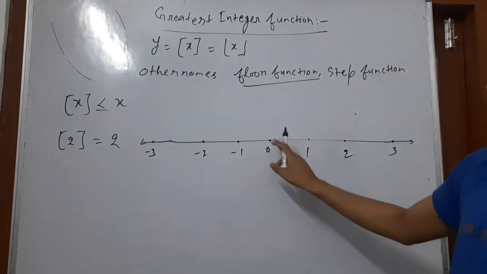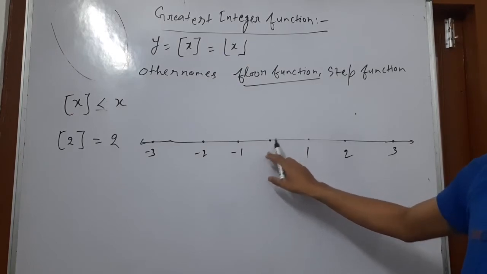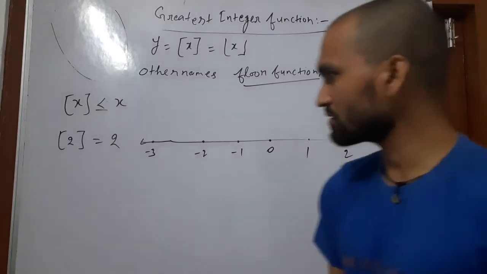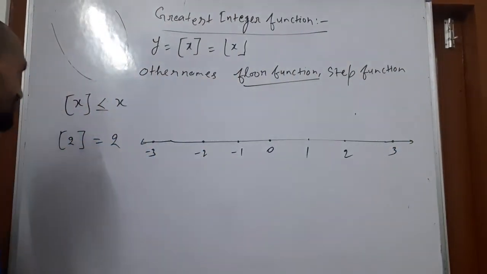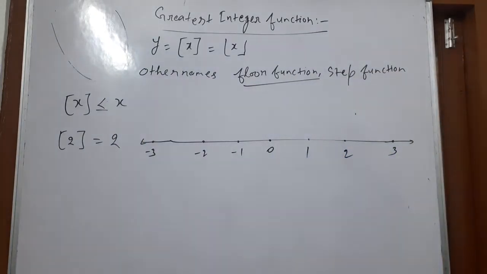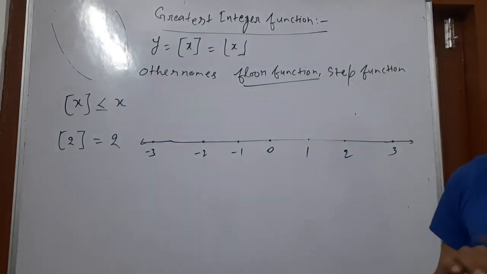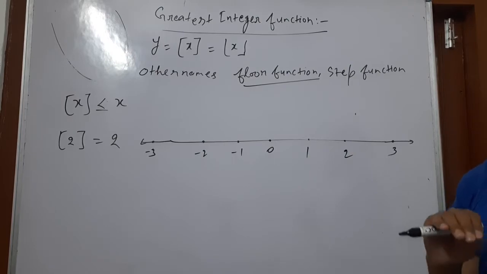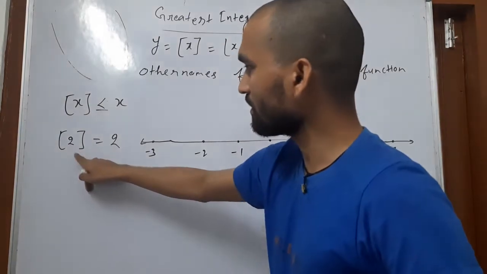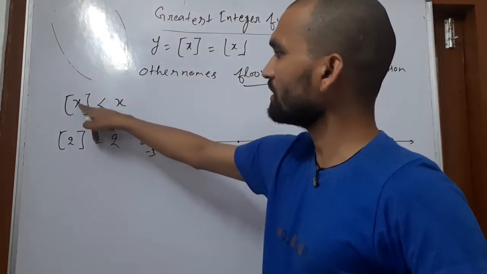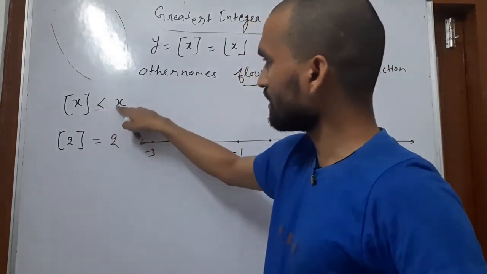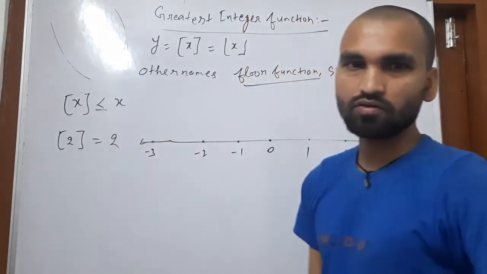So we should discuss the values for 0, 1, 2 and so on. Here we have taken 2. Which kind of value is 2? It is an integer value. So for an integer value we have no thinking time, we exactly write that particular value. It is equal for integers and less than for fraction values.